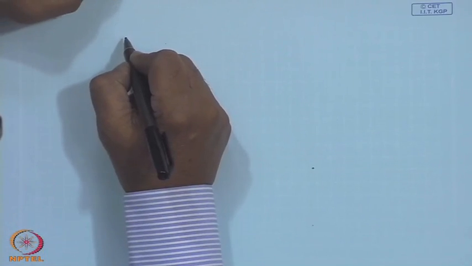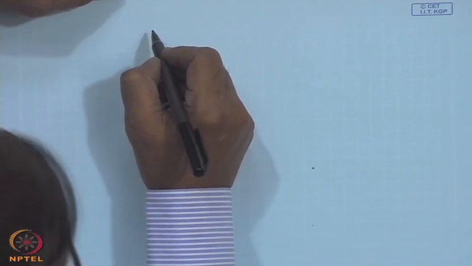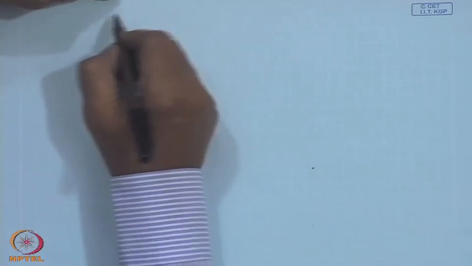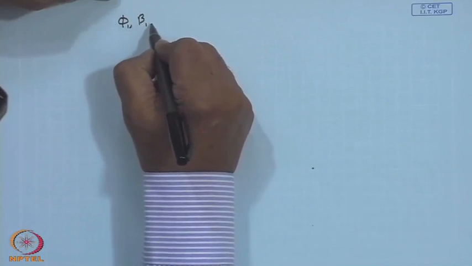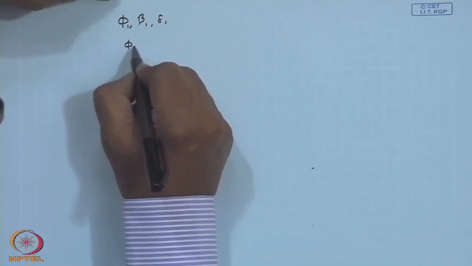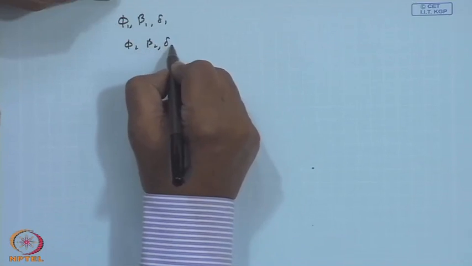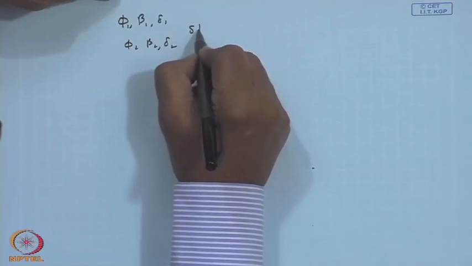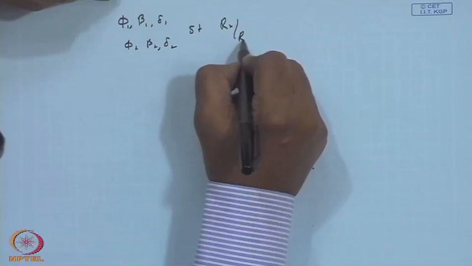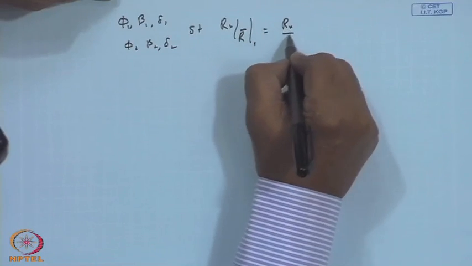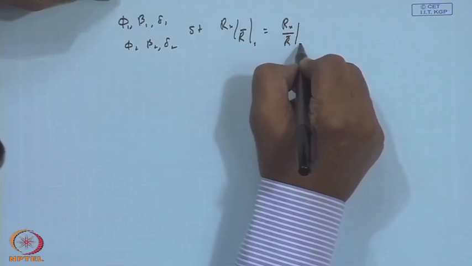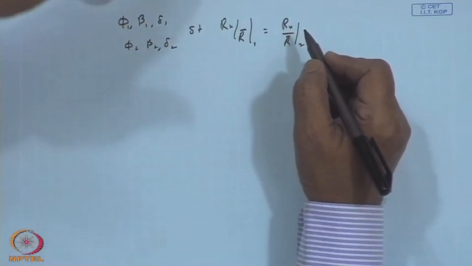However, if you go through little detailed calculation, not always, I am not trying to say this correlation does not work, it works well. And if you choose phi 1 beta 1 delta 1 and phi 2 beta 2 delta 2 such that R n by R bar 1 equals R n by R bar 2, this is possible, because I have got 3 variables.